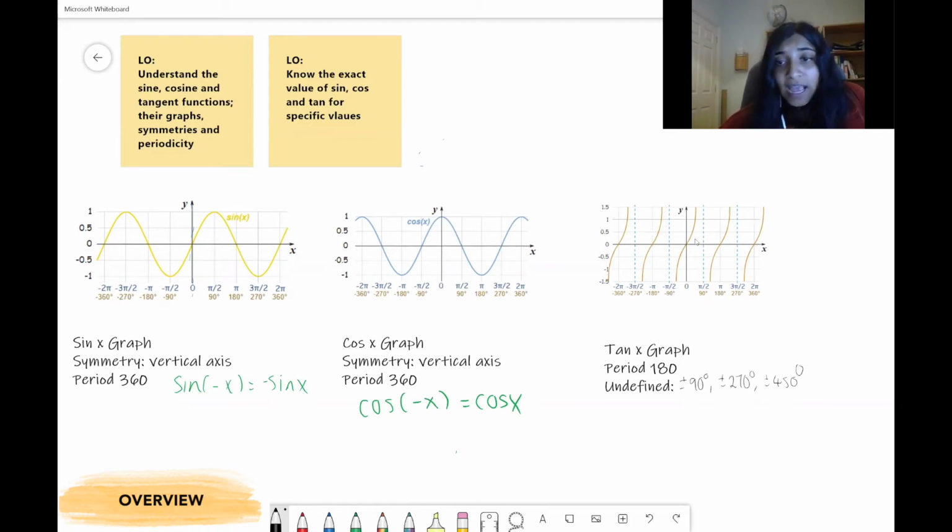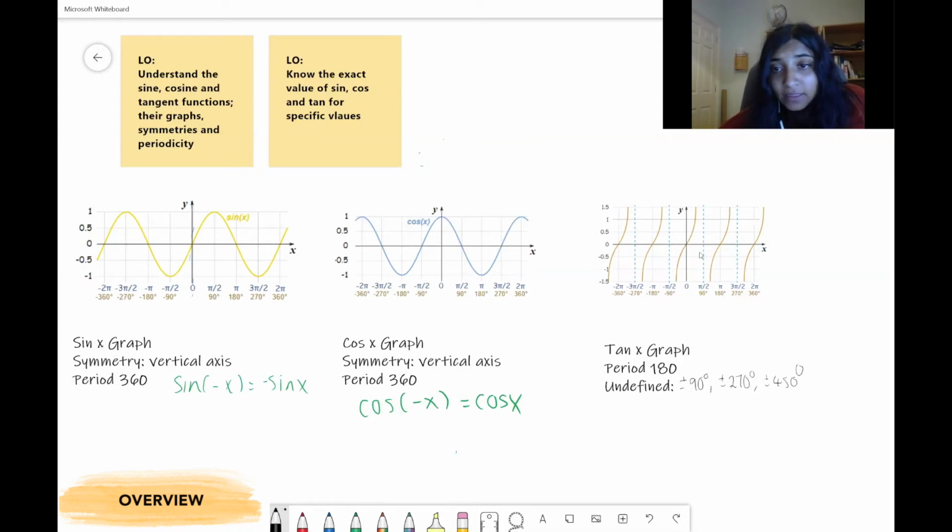So this means that whenever you approach any of these values, for the positive values, so for 90, for example, as you approach it, the values of tan x just get larger and larger and larger. So they just tend to infinity, but they'll never ever reach 90 degrees, and same for 270 and 450.